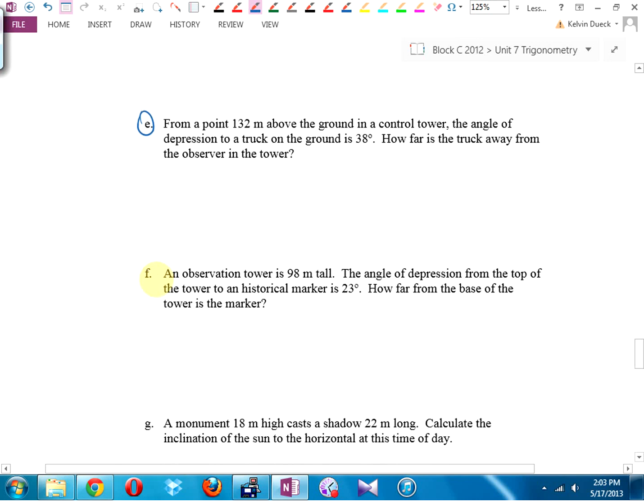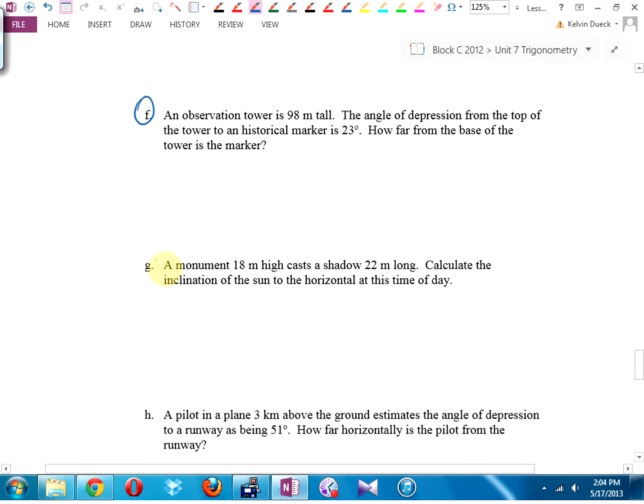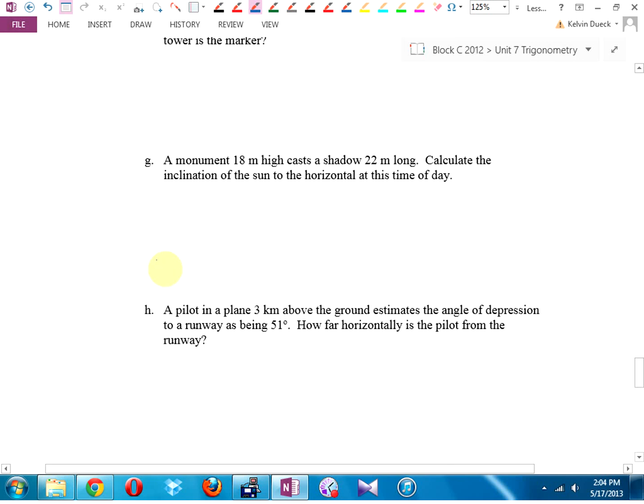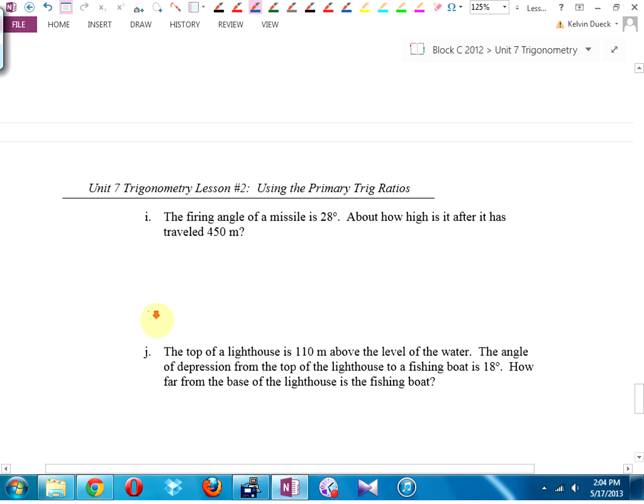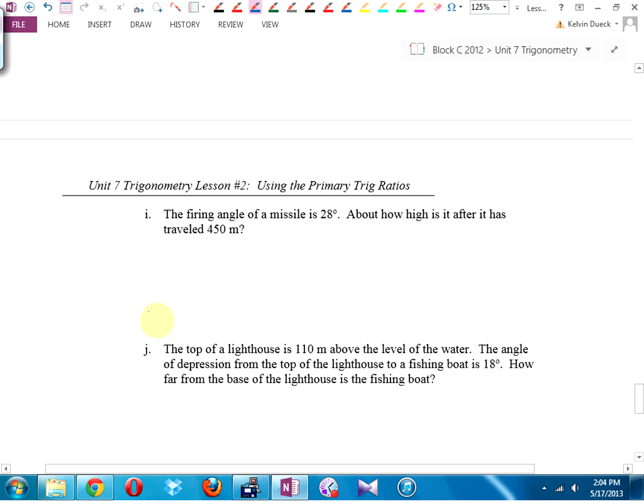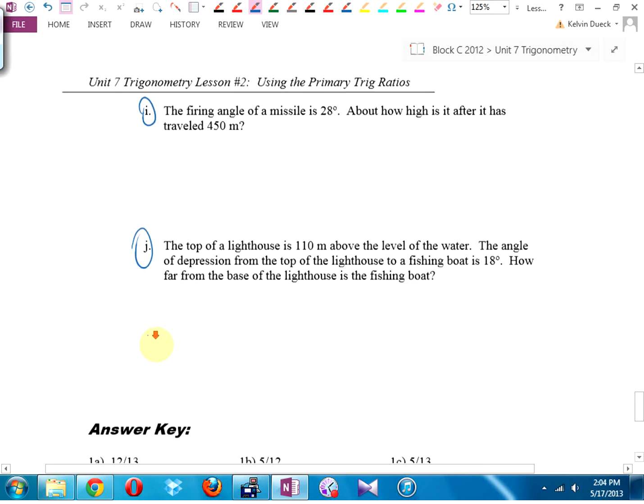I think this is the one that I didn't like. Let me just read. Angle of depression for the how far from the... No, I fixed it. Never mind. I made it clearer. H is good. I skipped G. I is good. J is good.